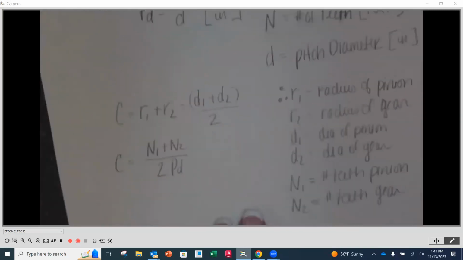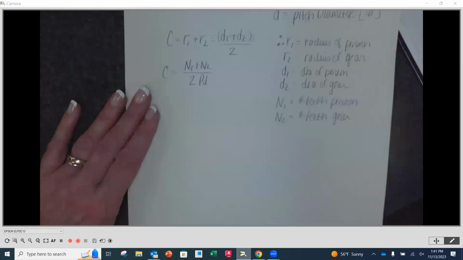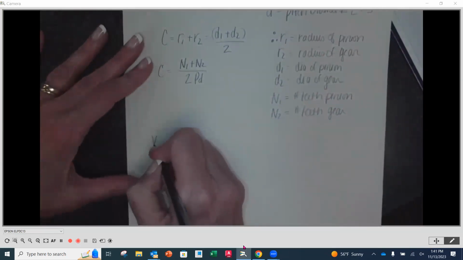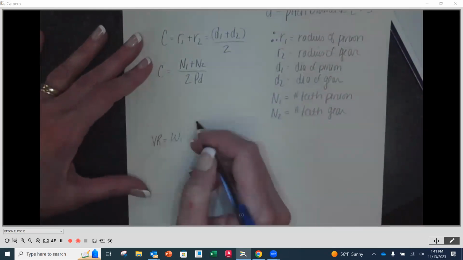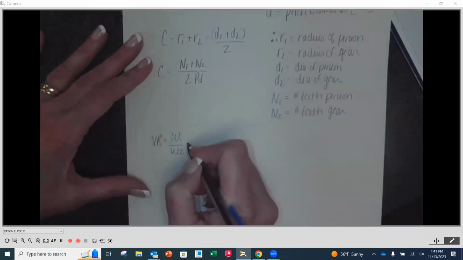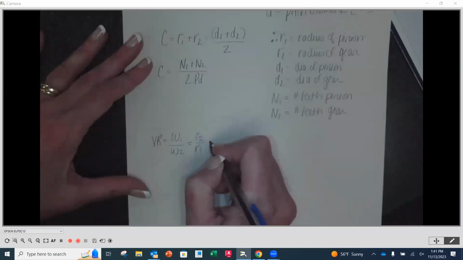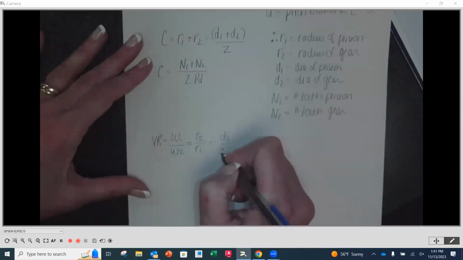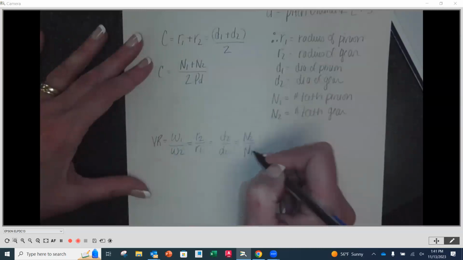Now, what does this do for us? Before I look at numbers, let's write this on our equation sheet, because this is another one that we want to add and keep in our arsenal. So VR is equal to, and the 4 versions that we have are W1 divided by W2, equal to R2 divided by R1, D2 divided by D1, and then N2 divided by N1.